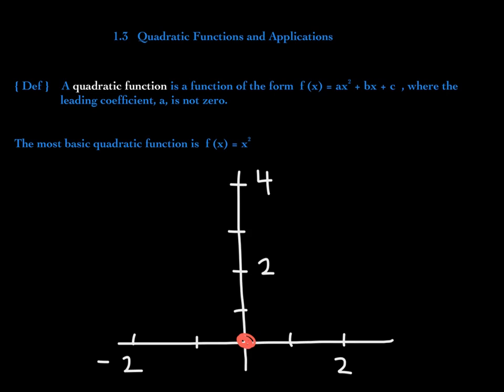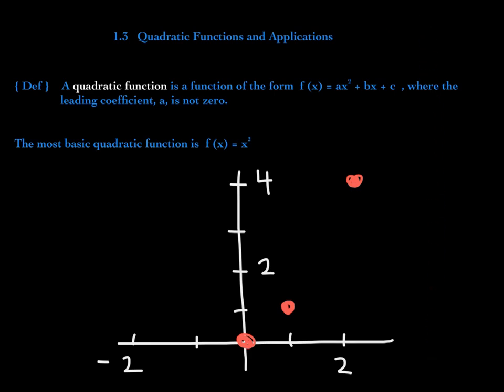If you square the number 1, 1 squared is 1 times 1, which is 1, so 1 comma 1 is on the graph of the parabola. If you square 2, 2 squared would be 4, because 2 times 2 is 4, so it jumps up way over there. And of course, you can keep on going, right? 3 squared would be 9 way up here, 4 squared would be 16, even higher, and so forth.